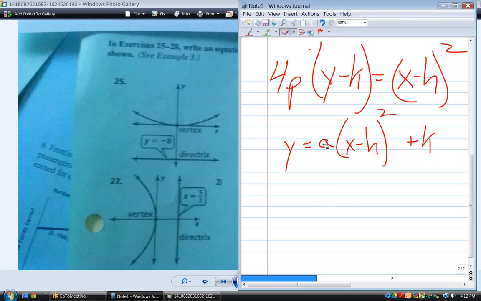You see this vertex format? That's the traditional format that you have used for parabolas forever. But the moment you start talking about parabolas in the context of them being conic sections, where you have a focus and a directrix, they generally change the format to the top format.